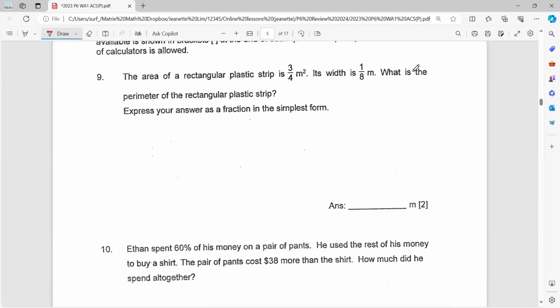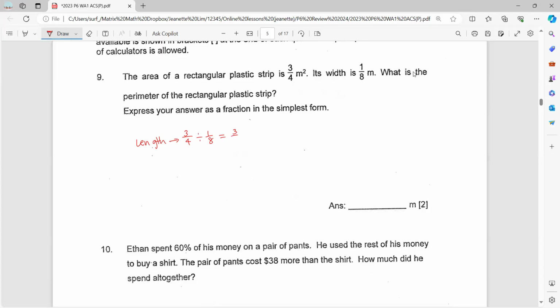Okay, so you have the area, you have the width, which is the breadth. How do you find the length? Area equals length times breadth. So if you want to find the length, we take area divide by the breadth. Again, KCF, keep, change, flip.